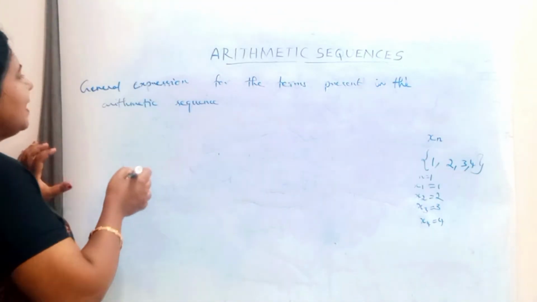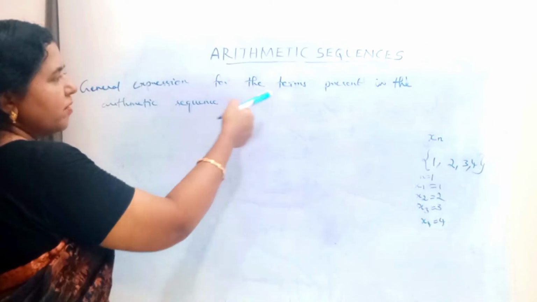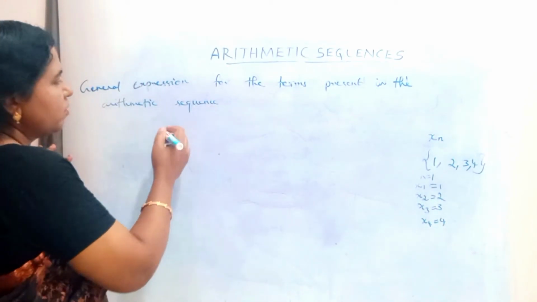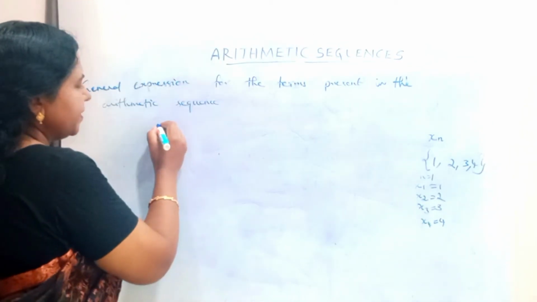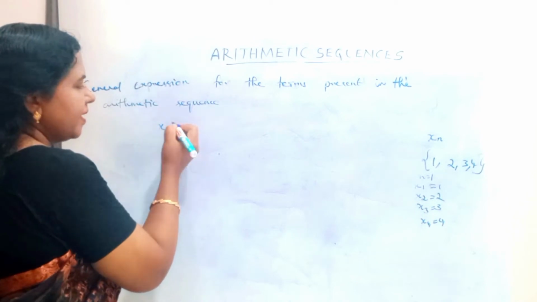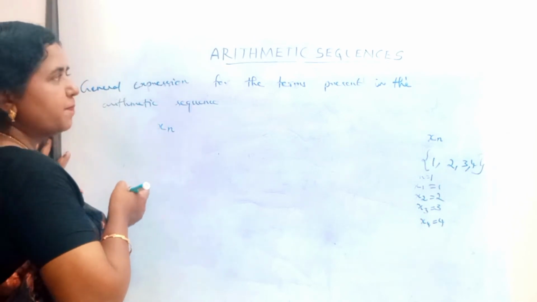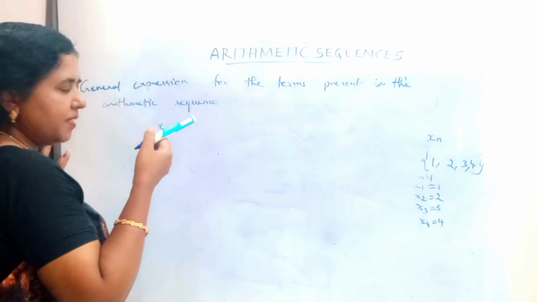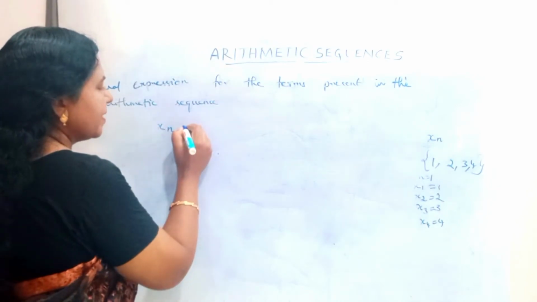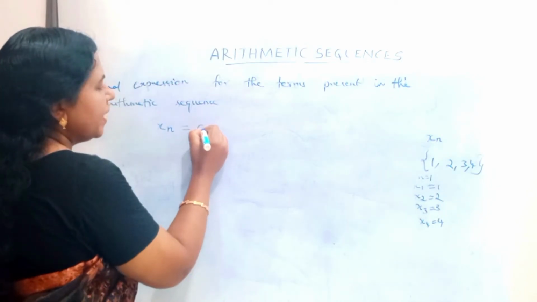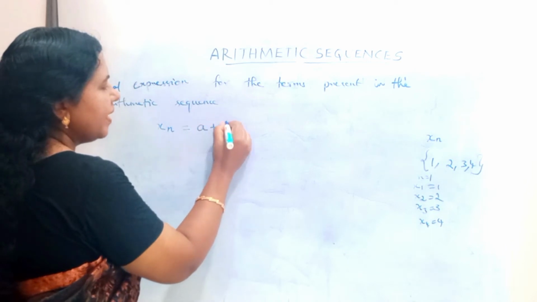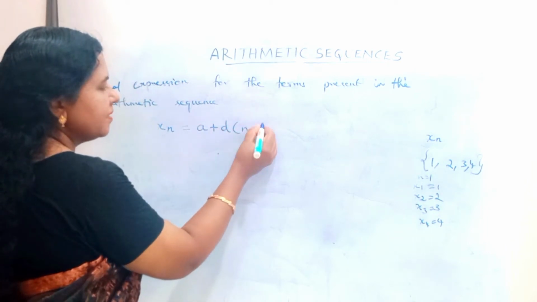Now similarly, here we have to write down the expression for the terms. We can use the same representation. Let xn represent the terms present in the given arithmetic sequence. So xn is equal to a plus d into (n minus 1).